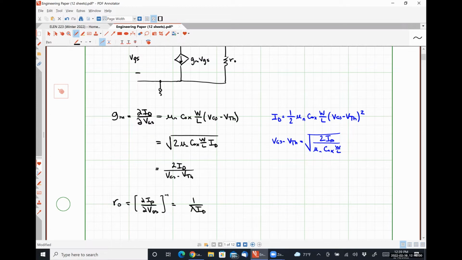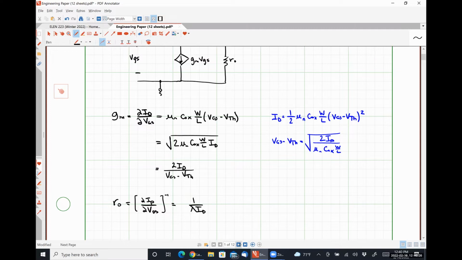This can, well, actually, I'm just going to leave it like this. There is another representation, but it requires the presence of the drain resistance and all that kind of stuff that I don't want to worry about right now. So this is kind of our default. Let's run with this one. So for a MOSFET transistor, we only have two small signal parameters that we really need to concern ourselves with.